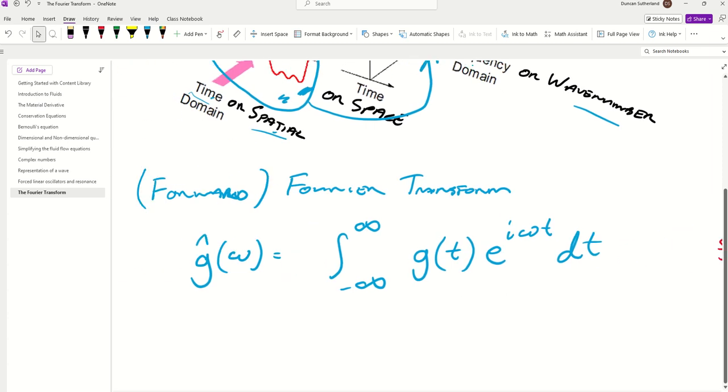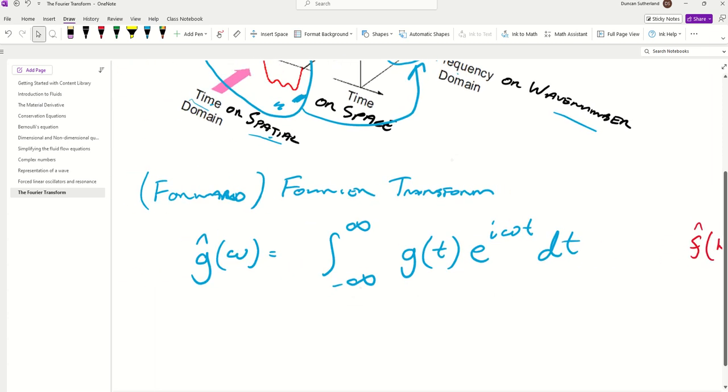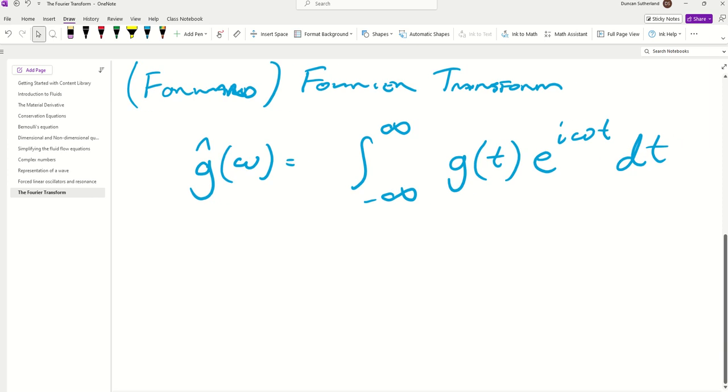Now, what you notice with either of these definitions, and I'll just focus on the frequency and time version of the transform for now, is that you integrate away the t. So this is a definite integral with respect to t.